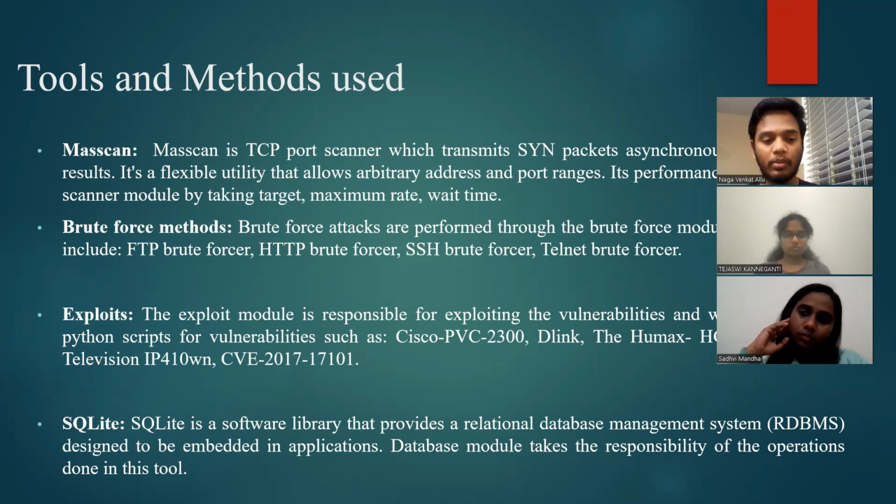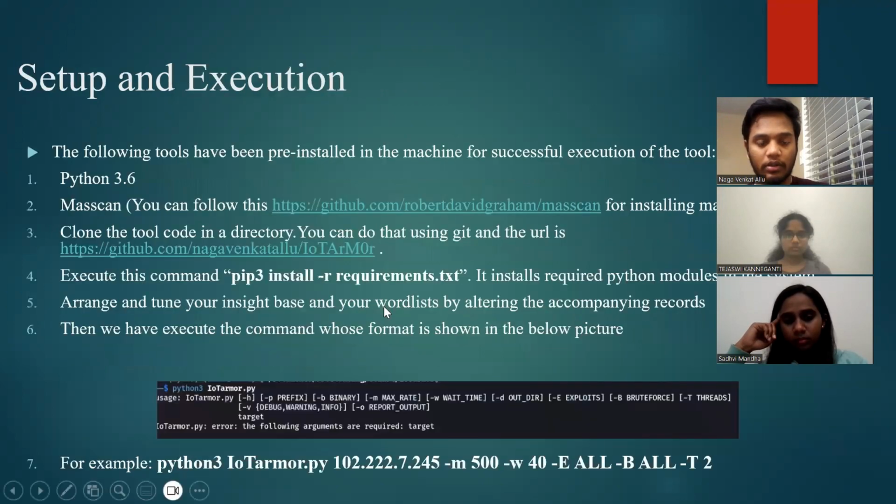And coming to the brute force, we are performing brute force methods on the targets over FTP, HTTP, SSH, and Telnet. We are managing some word lists. I will show you in the code.